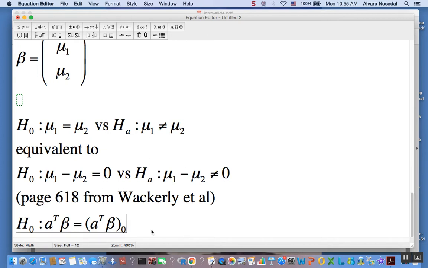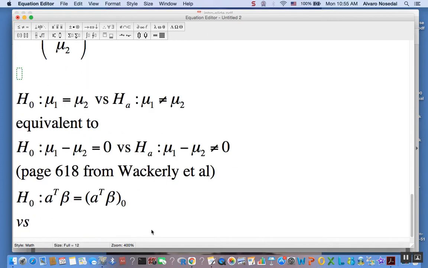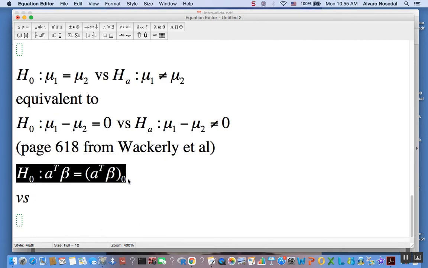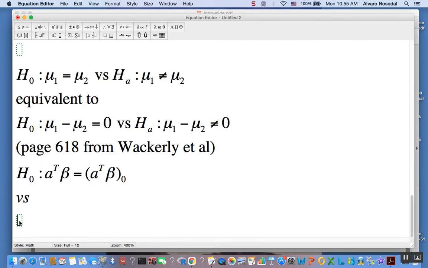And against that, the alternative will be, in this case, a two-sided alternative, where what we have is different from that value.